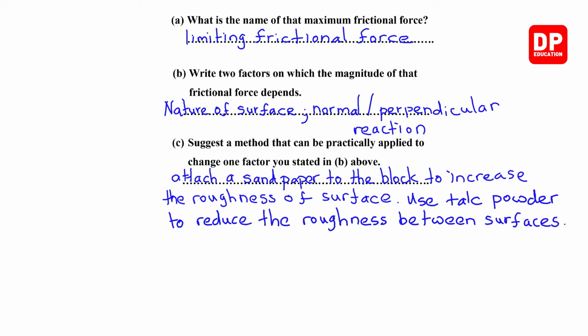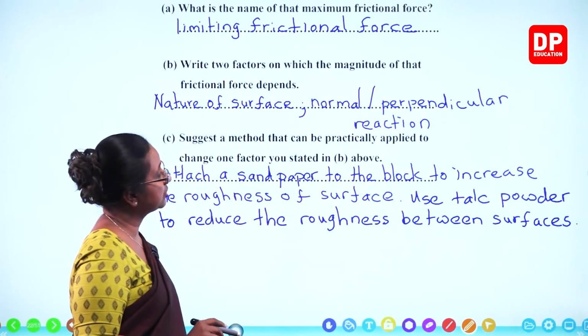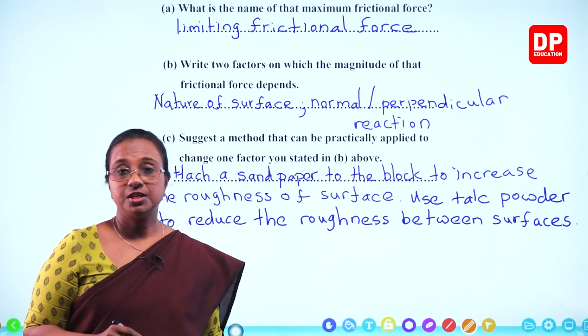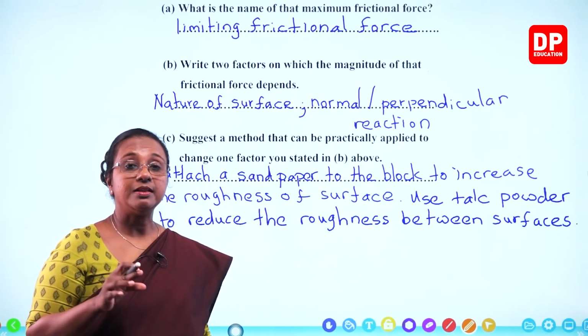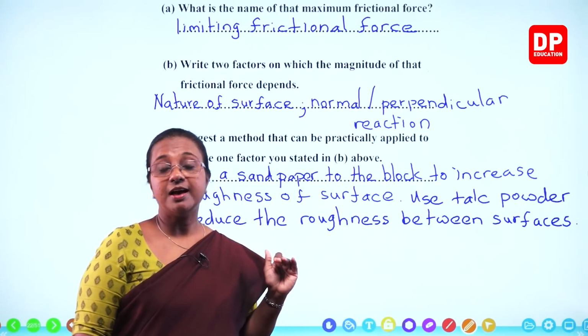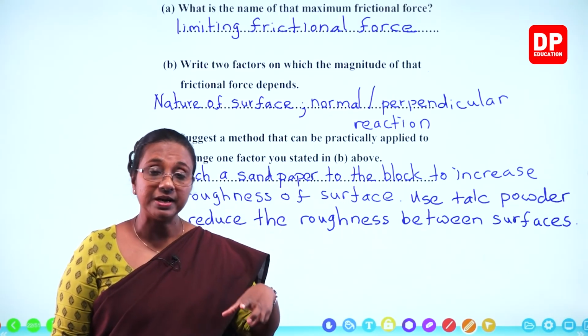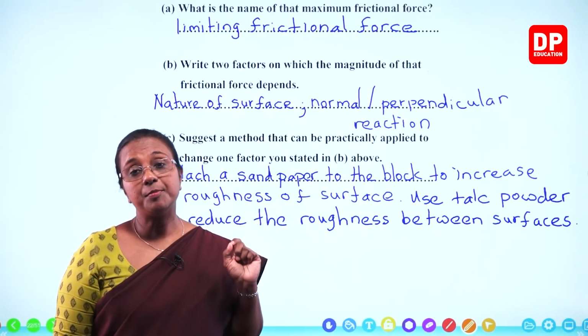You can do that. What if you consider changing the normal reaction or the perpendicular reaction? You can remember normally we have the block of wood. On top of that we have another block of wood, or what we can do is keep another weight on that block of wood.